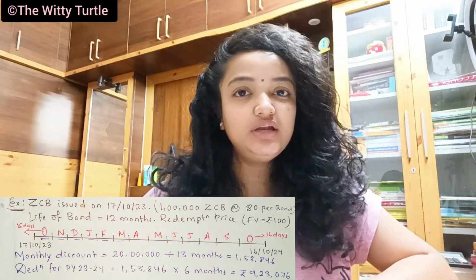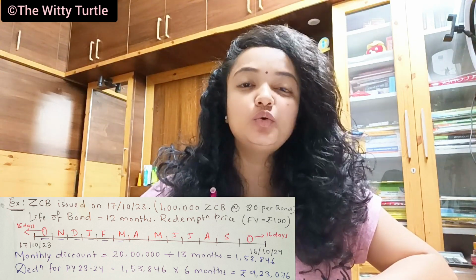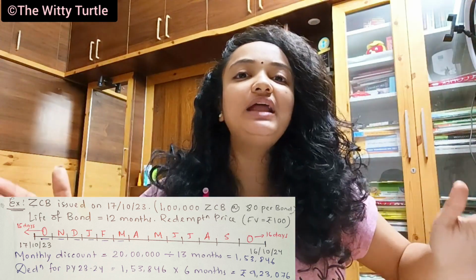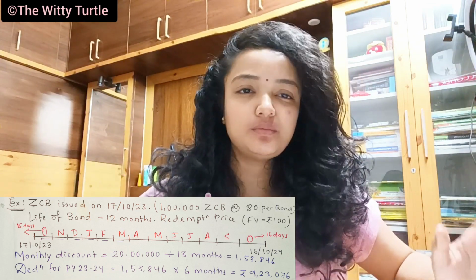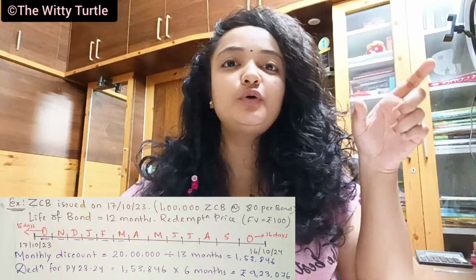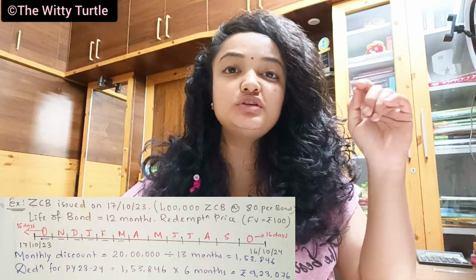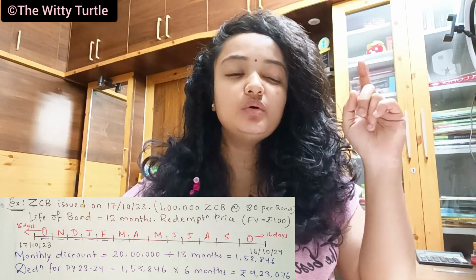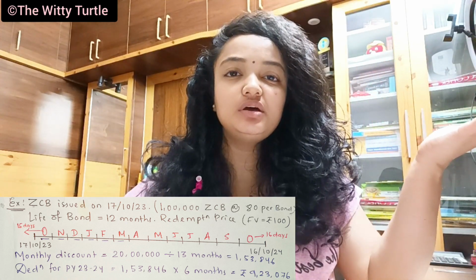So you can calculate the monthly discount simply by dividing it by 13. Why? Because we have 13 calendar months. So 20 lakhs divided by 13 months equals the amount, and this amount is for 1 month, right? So you have to calculate the deduction for the previous year 2023-24. For 23-24, for how many months has it been held?